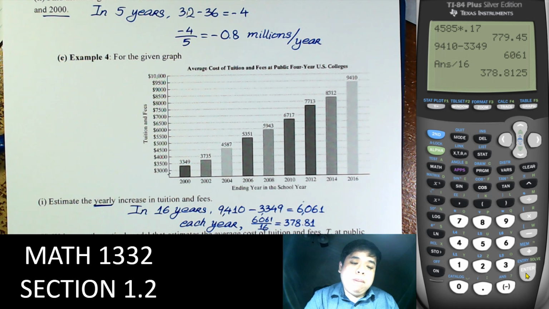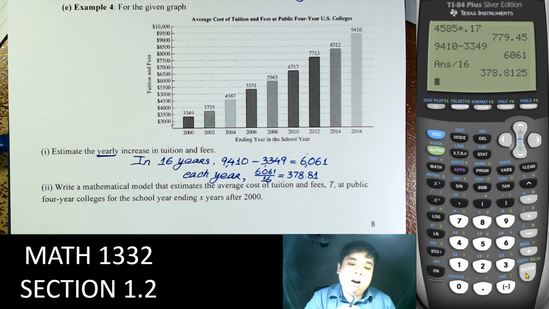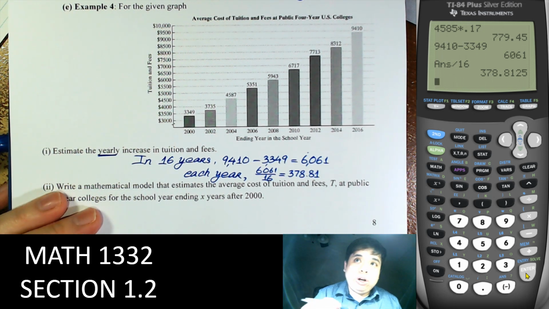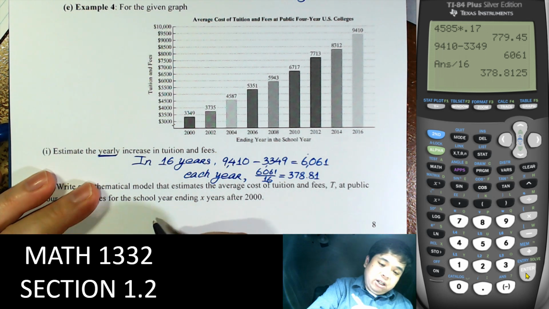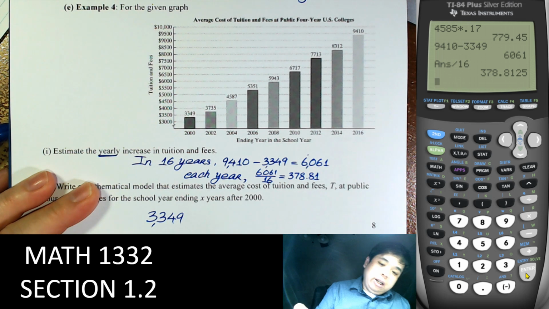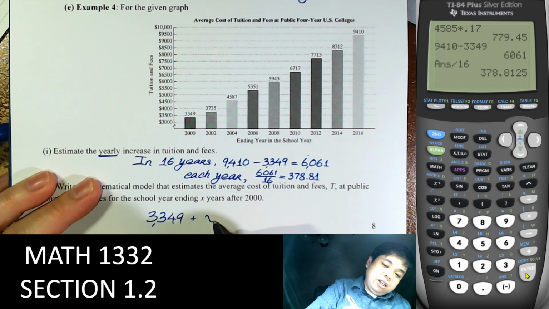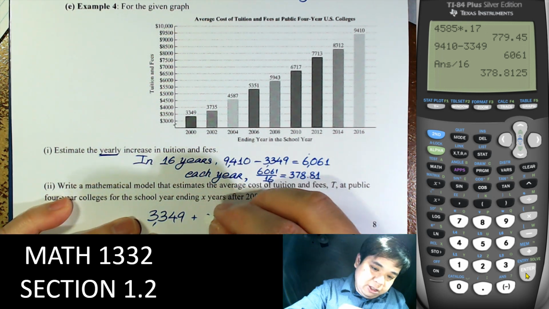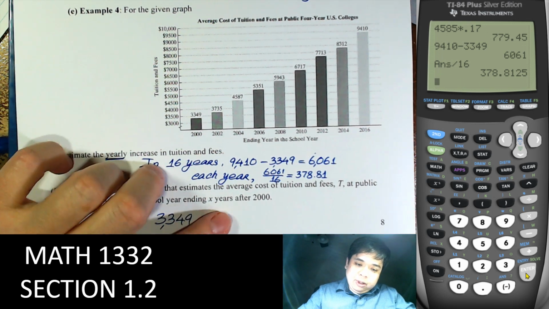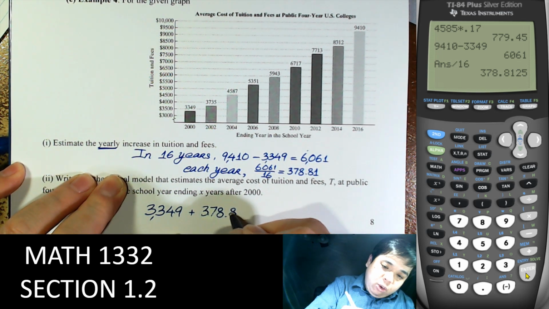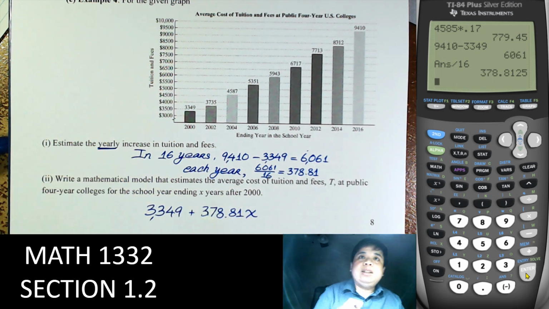Write a mathematical model to estimate the average cost at the public 4-year college years after 2000. So we know that at 2000 the cost is $3,349, and every year it is increased by this much. So it increased $378.81 each year.